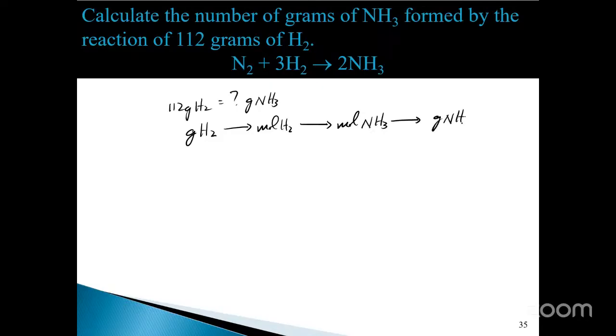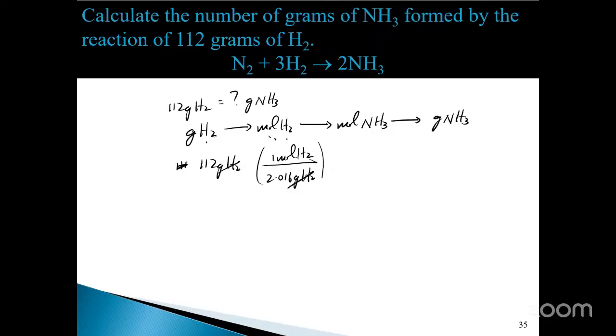All right. So start off with 112 grams of hydrogen. To get from grams of hydrogen to moles of hydrogen, we need the molar mass of hydrogen, which we can express here as 1 mole of hydrogen divided by 2.016 grams of hydrogen. So that this cancels with that, right? So we've accomplished the first step where we convert from grams to moles.